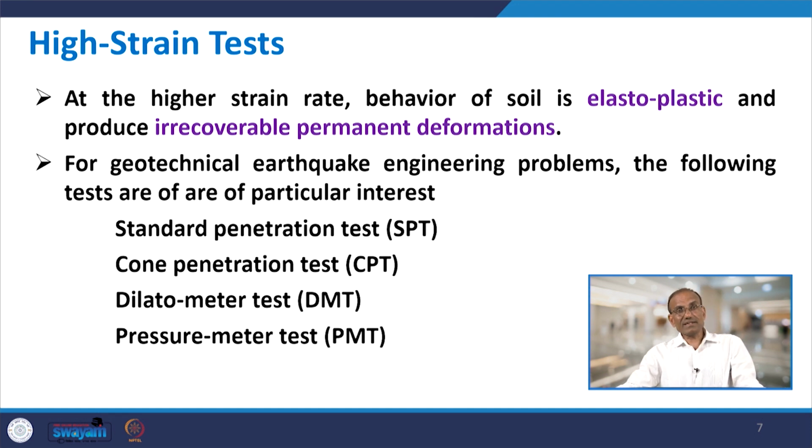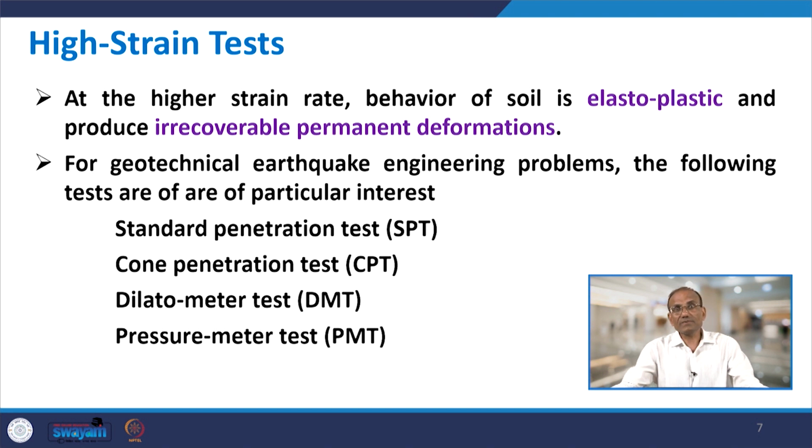At the higher strain rate, behavior of soil is elastoplastic, and it produces what we call irrecoverable permanent deformations. When you have the low strain, the deformations may be recovered, elastic deformations, but at a high strain the deformations may be irrecoverable and we have the permanent deformations.